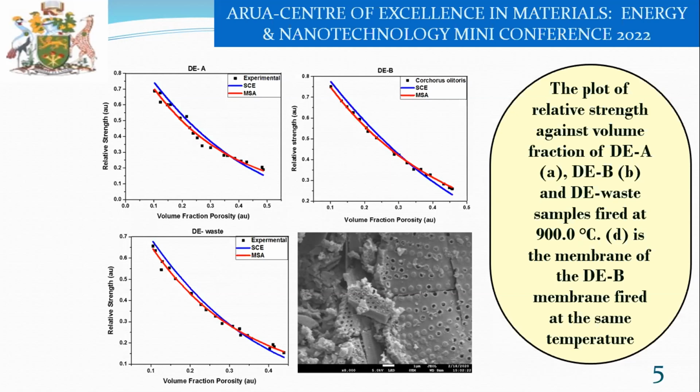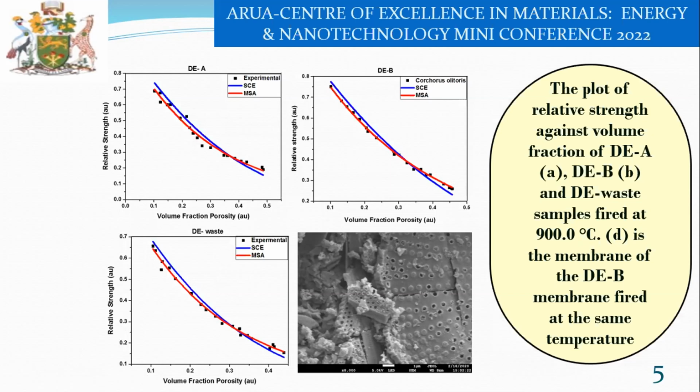And we found that ceramic filters or diatomaceous earth membranes made from purely diatomaceous earth, which is diatomaceous A here, purely fitted the minimum area model, and the membranes that were not made from pure ceramics, that is the membranes to which we added charcoal, introduced as a porous material to increase the porosity, fitted more in the stress concentration effect model.